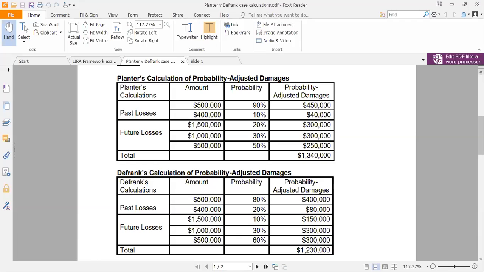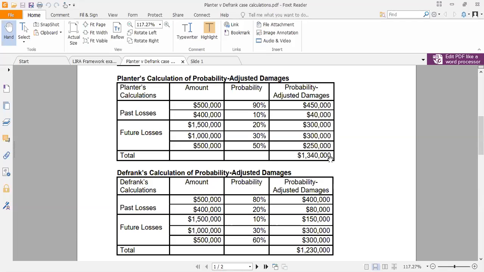You multiply the 90% by the $500,000, the 10% by the $400,000, and you get respectively $450,000 and $40,000. And you do the same thing with the future losses. So you have the 3 values that were estimated and the probabilities for each of them, and that comes up with 20% of $1.5 million is $300,000, 30% of $1 million is $300,000, and so on.